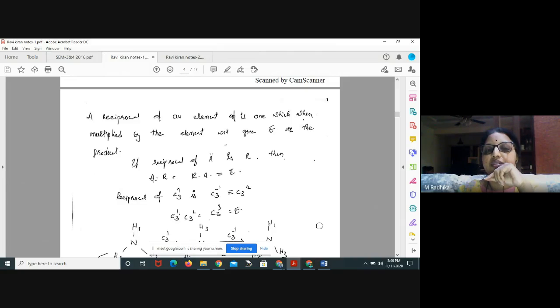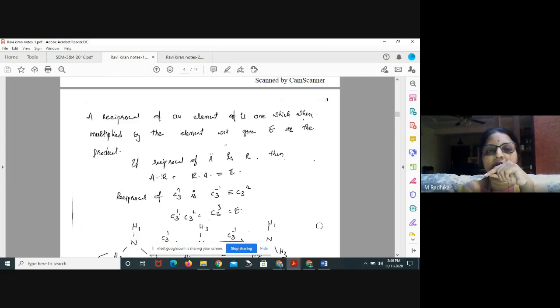Some symmetry operation or symmetry element, it may be a C2, it may be a sigma v, whatever it is. If I take C2, I rotate 180 degrees. What will be the reciprocal if I rotate it back? I will get the same structure, right? Once I rotate 180 degrees, again I am doing the reverse of that.